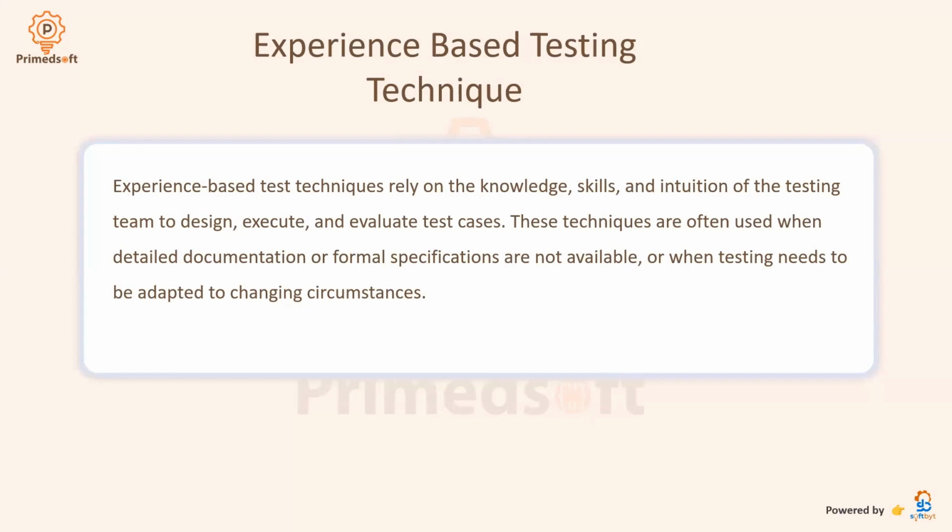So under black box testing, we've mentioned equivalence class partitioning, we've mentioned boundary value analysis, we've mentioned error guessing, right? Which other one have we mentioned? We've mentioned state transition, right? So now we are looking into the experience-based.